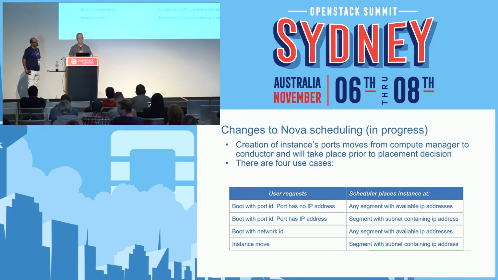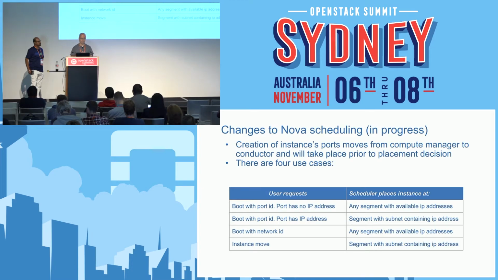In relationship to routed networks, essentially we identify 4 different cases. If you boot with a port and the port has no IP address, any segment with available IP addresses is good for that instance. But if you create your port and your port has an IP address, then the segment with a subnet containing that IP address is where your instance has to land.